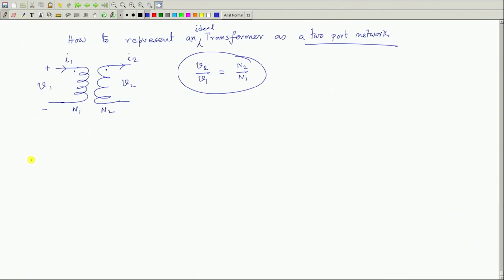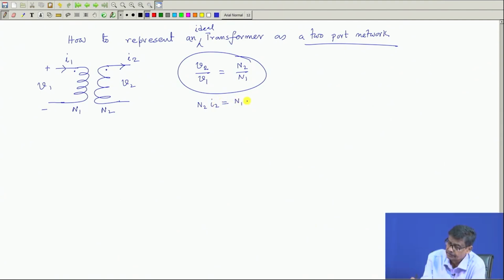And the second equation is N2 I2, it is called the MMF balance equation, is equal to N1 into I1. So, from this we say that I2 is equal to N1 by N2 into I1. This way I can write.